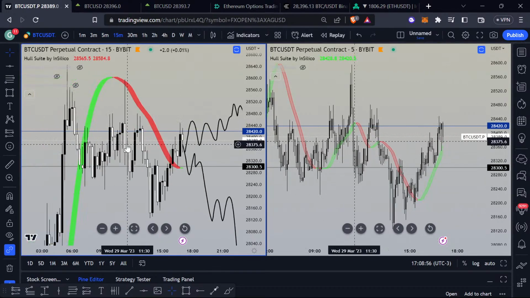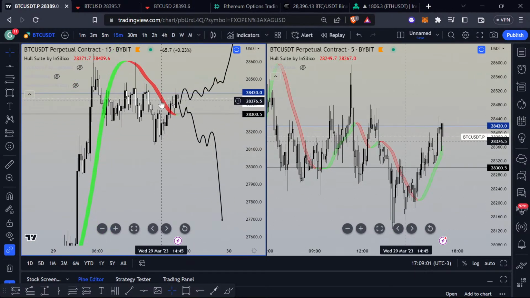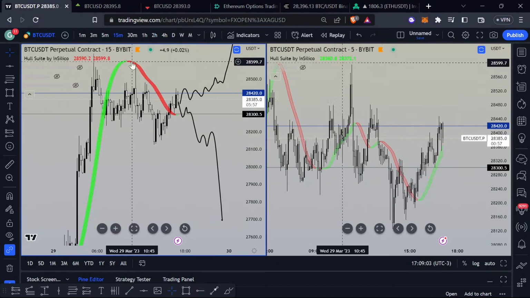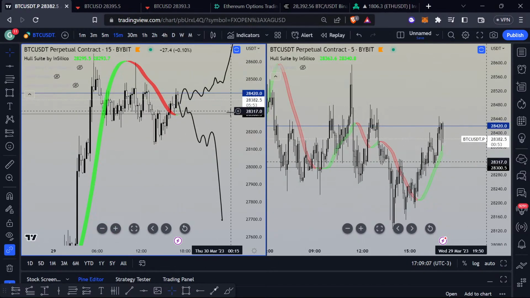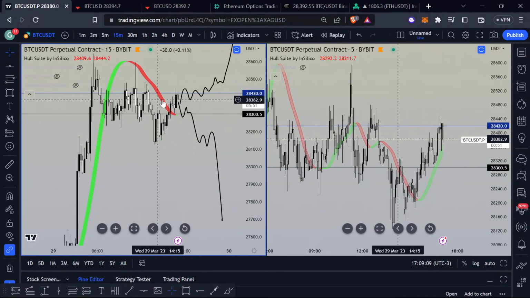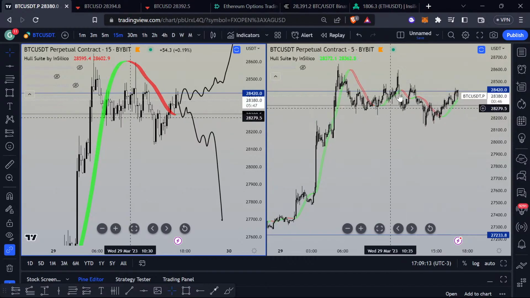So we do consider the other probabilities, that the moving average on the 15 minutes, given the place where it is trading, which is basically a higher time frame resistance and a daily pivot, starts to do more or less the same.